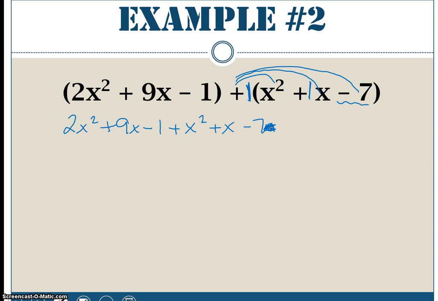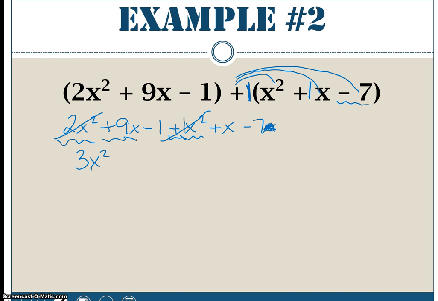And then I'm going to combine like terms. So I've got a 2x squared here and an x squared, which is a 1x squared. 2x squared plus 1x squared, that 1x squared is positive, is 3x squared. And then I'm going to look for my x's.